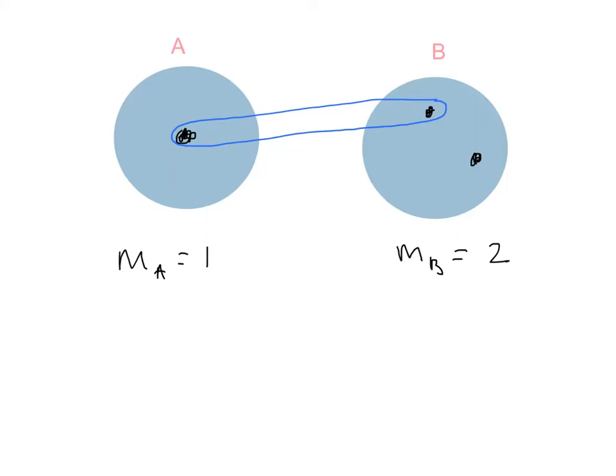And that circle represents the attractive force between A and B for this particle of A to this particle of B. But what about this particle over here? It's also attracted to that particle. So we'll have to add another circle, because this particle in A is actually attracted to individually each particle in B.